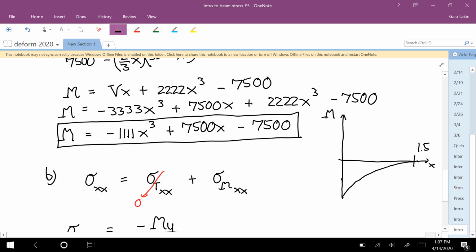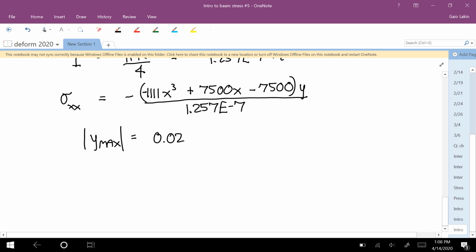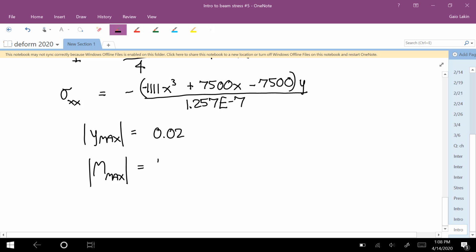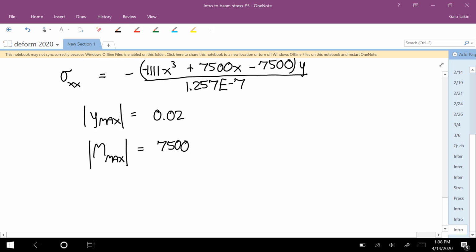And it starts at a value of negative 7,500. Okay, so that means that the maximum absolute value of bending moment occurs at the wall, when x is equal to 0. So this is 7,500.